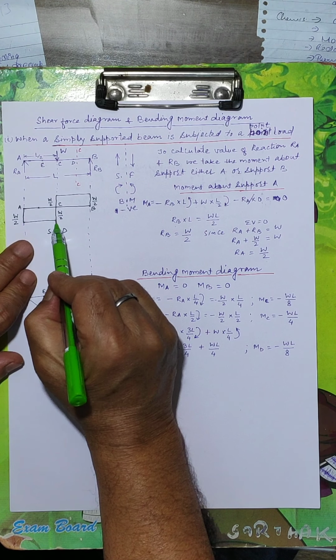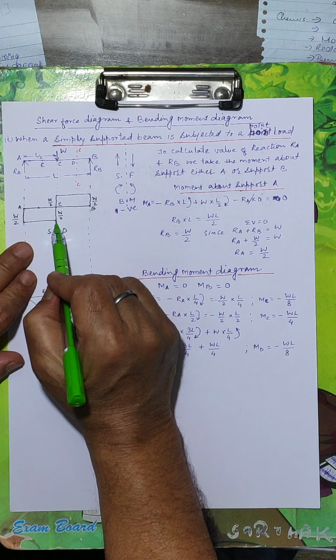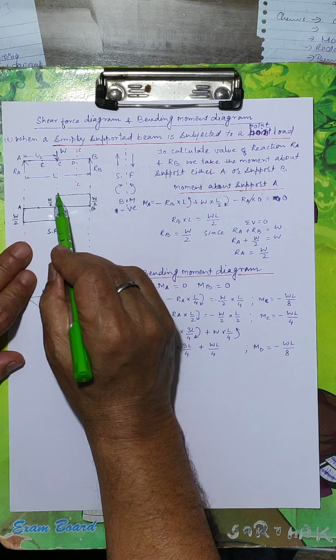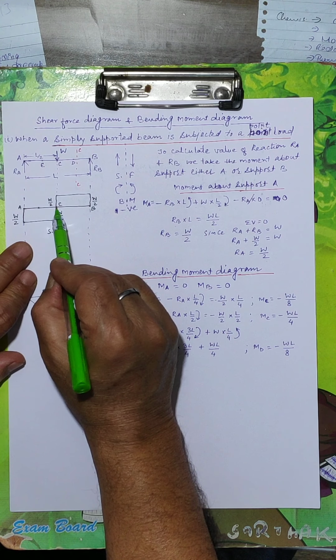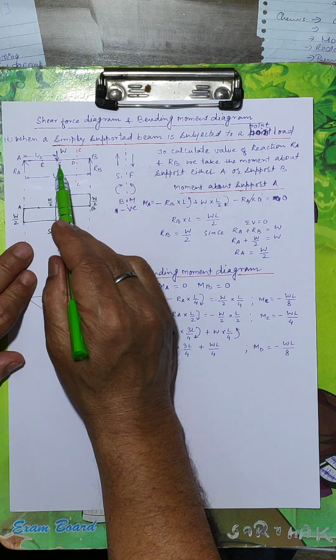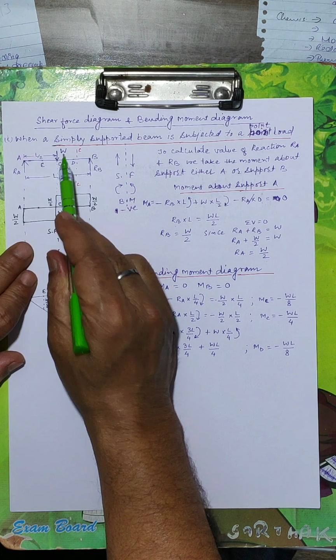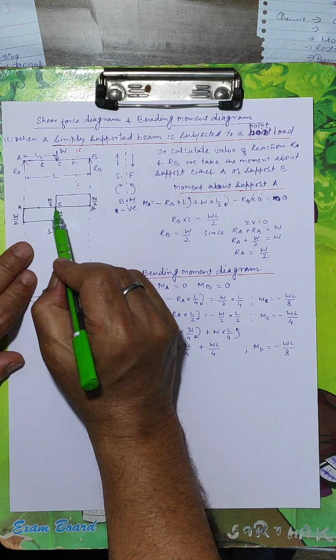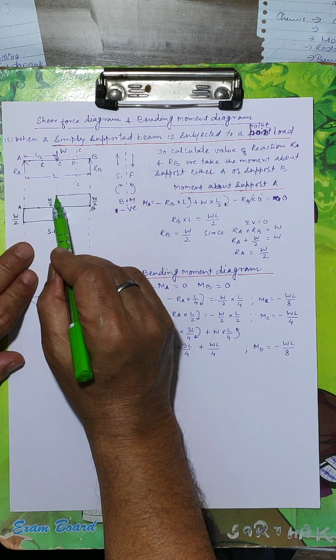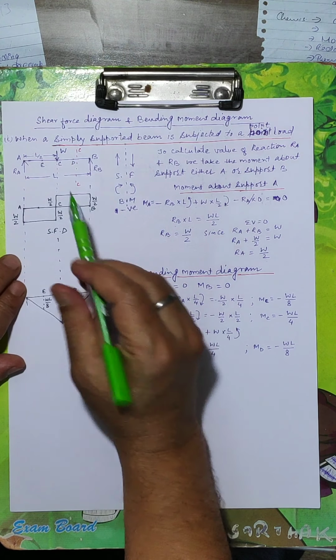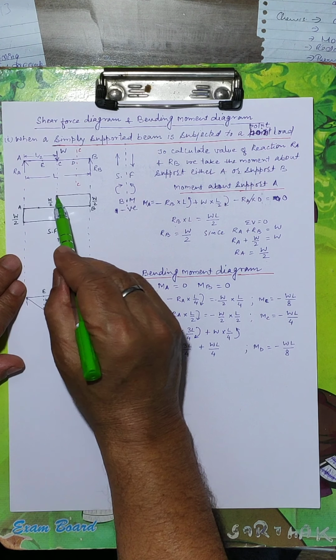So now from this point we will go upward by W. Here W by 2 distance covered, here W by 2, and because C has W load, we will go above this zero line by W by 2 again. So we reached this point.